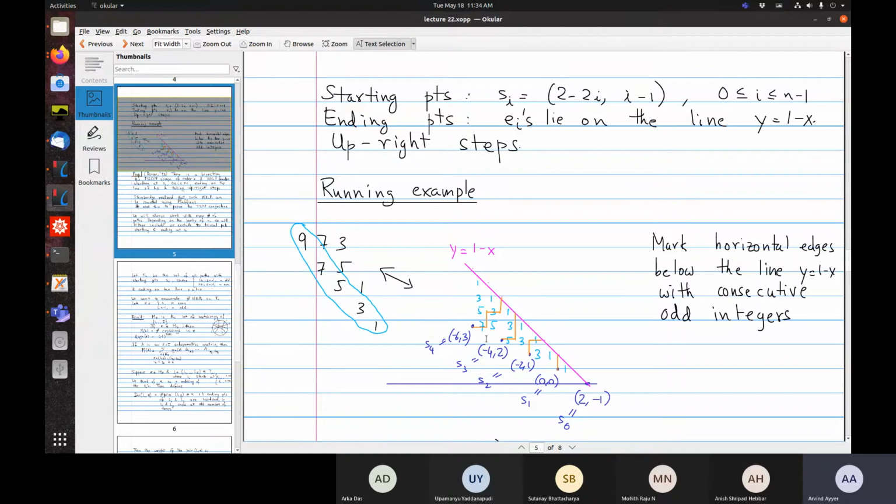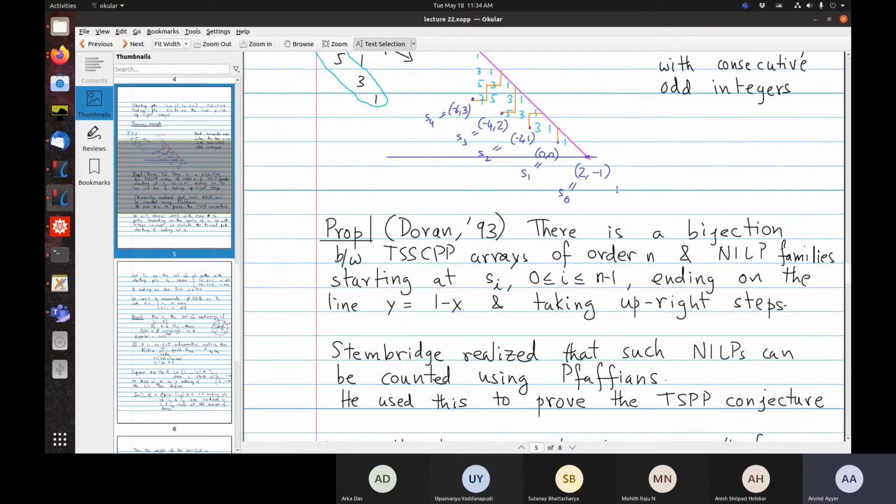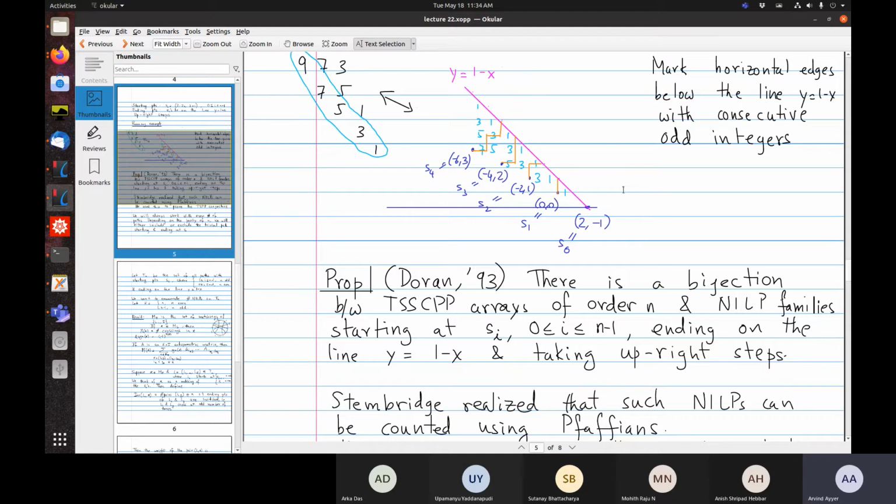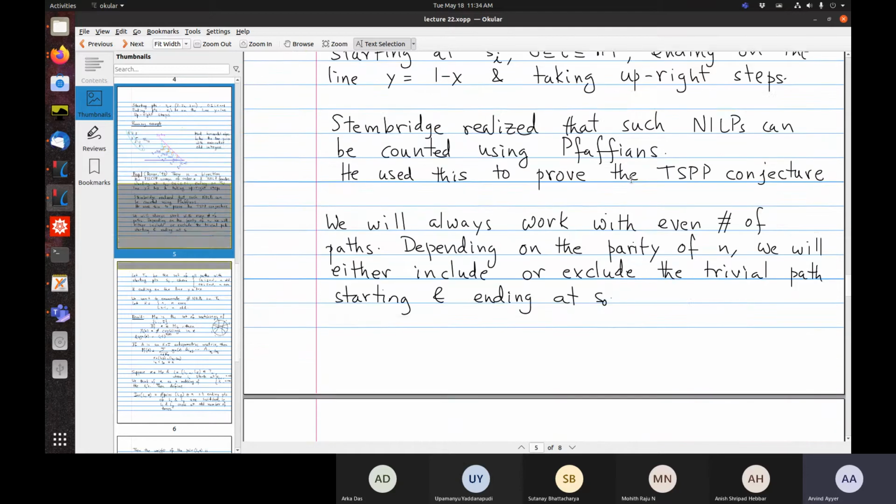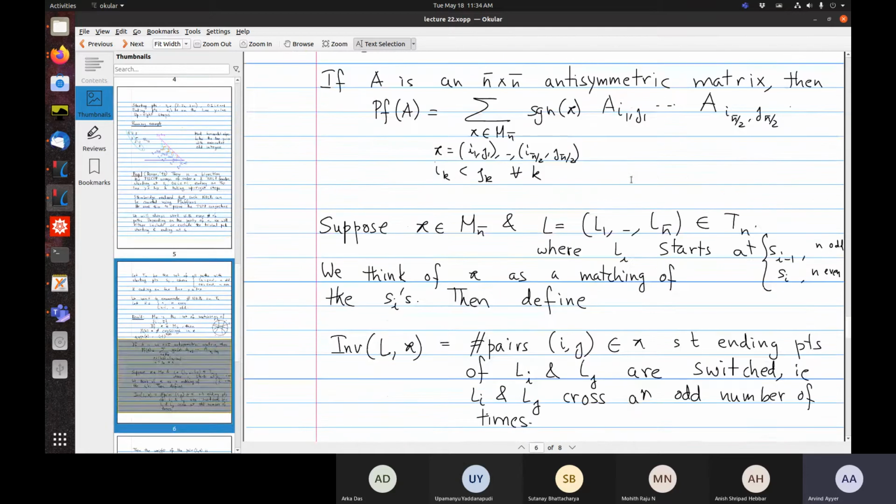And the ending points are free but lie on the line y equals 1 minus x. And so we had the starting points indexed from 0 to n minus 1, and we had given additional structure, which was a matching of the starting points.